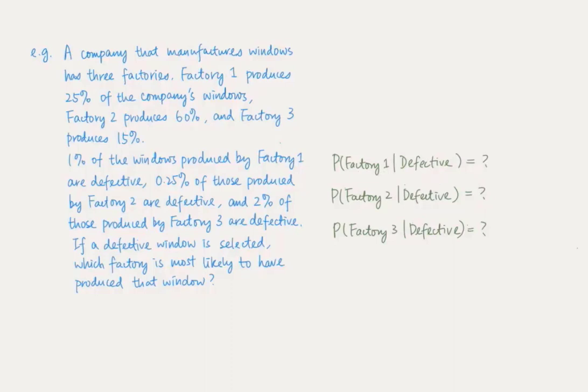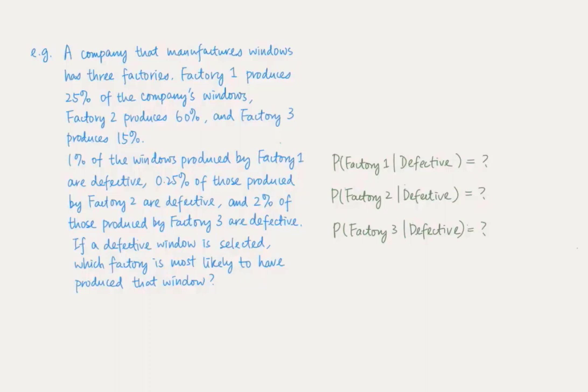The second is the probability that the window is produced by Factory 2 given that this window is defective. And we can compute the probability that the window is produced by Factory 3 given that this window is defective. We would like to compare which of these conditional probabilities is the highest. Then this would be the answer to the question.